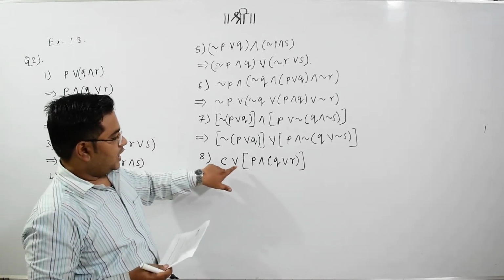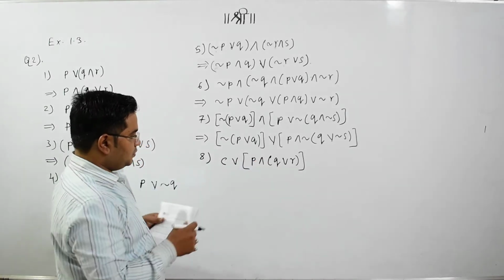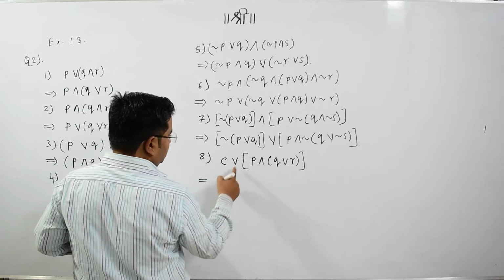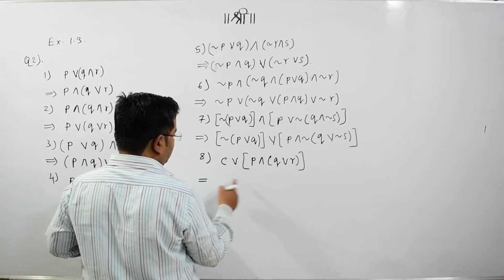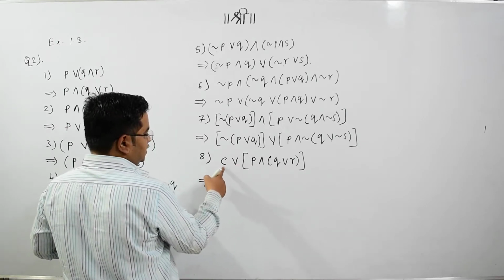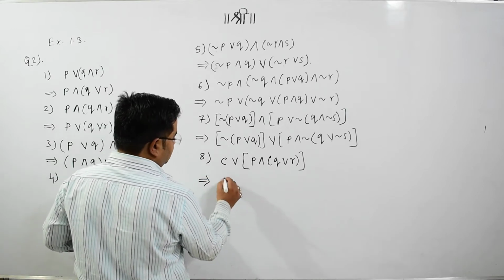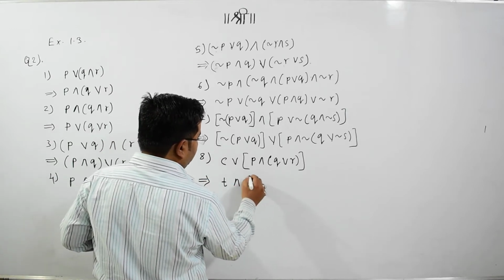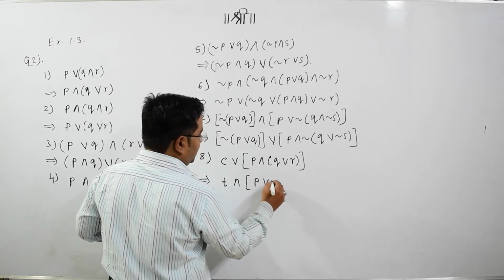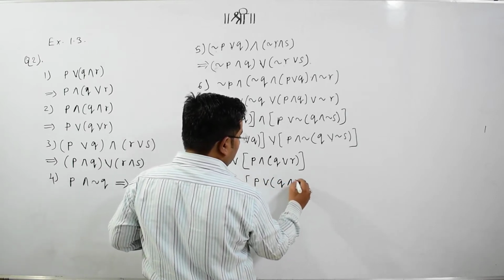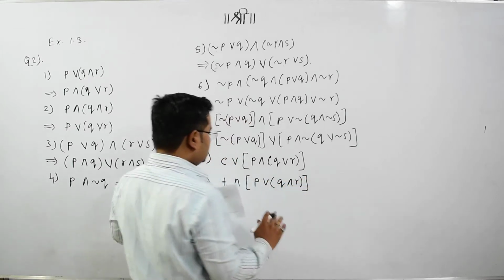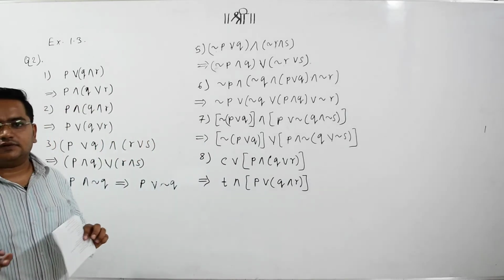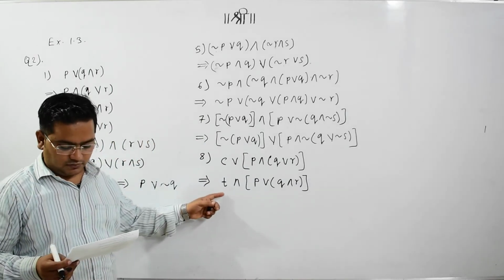This C and these symbols. So we are changing the symbols, plus we need to change this C by T. So T and P or Q and R. That's what we need to do. That's the final answer for this question number 8.